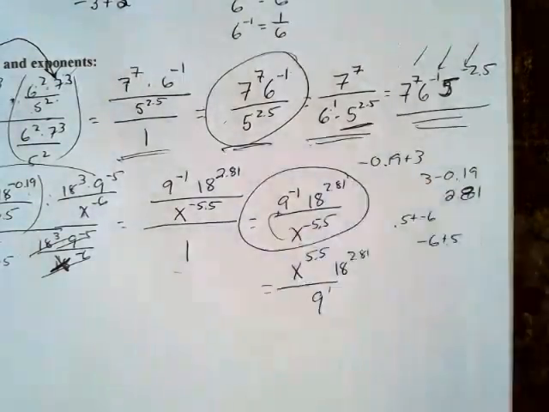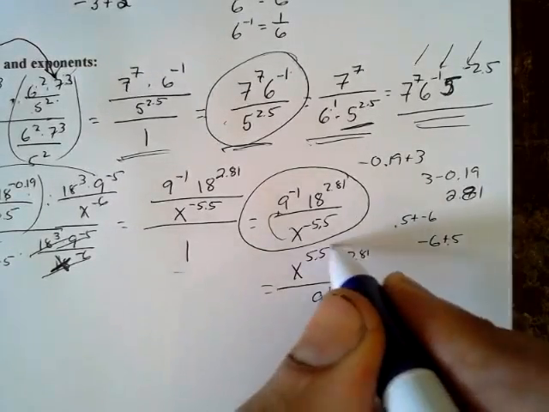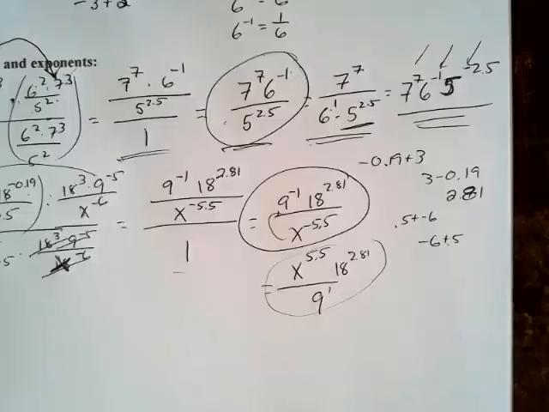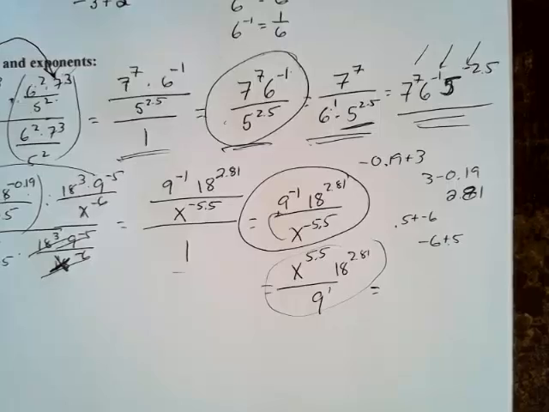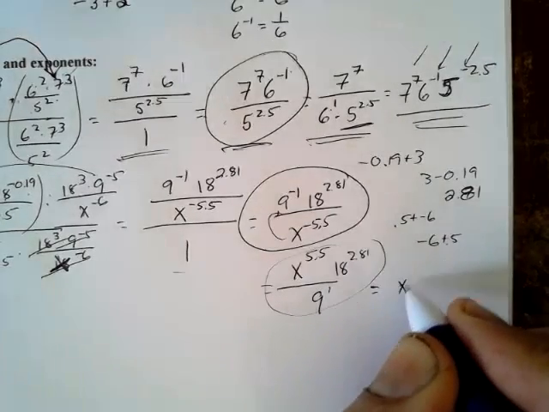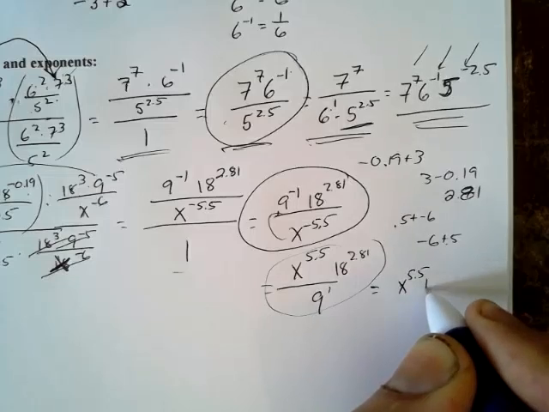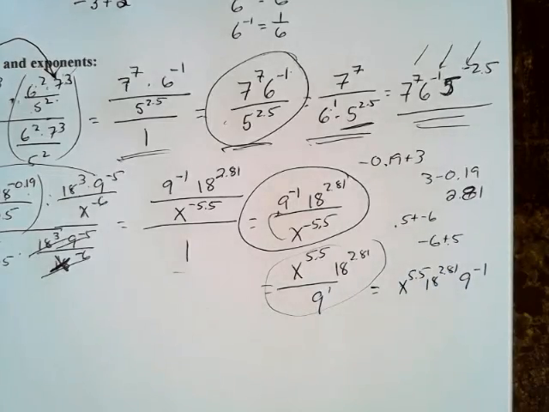So if you got here, great. If you don't like negative exponents, we could do this. Makes it look a little bit cleaner and easier to understand. Or if we wanted to write this all in one line, we would write x to the 5.5, 18 to the 2.81, 9 to the negative 1.